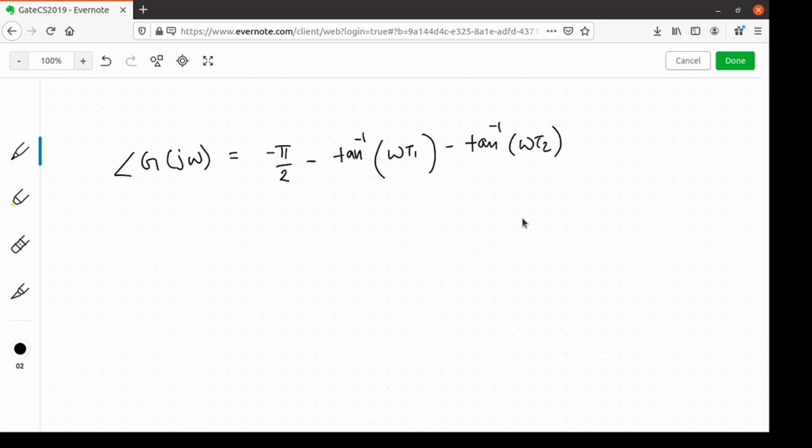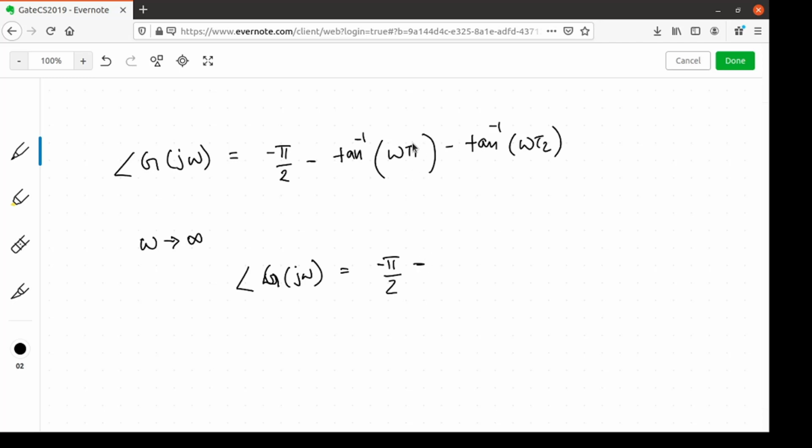Now we are asked to find what happens to the phase at infinite frequency, that is omega tending to infinity. So we'll take the limit of the phase of the system as omega tends to infinity. The first term will remain minus pi by 2.